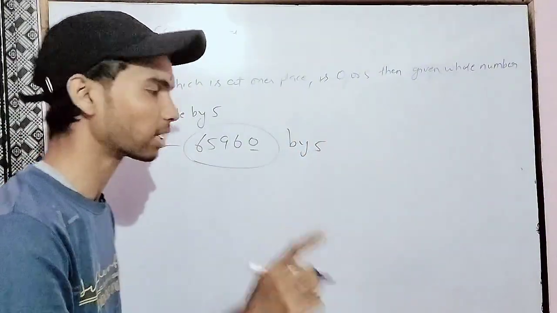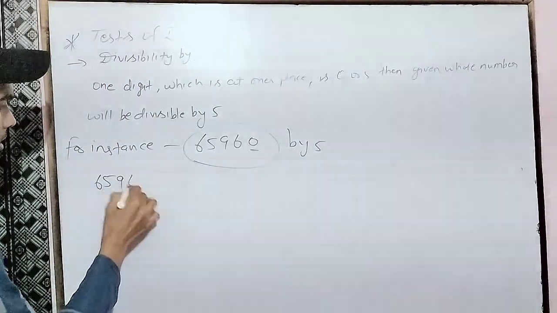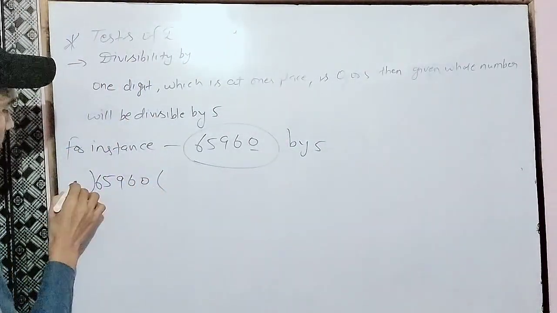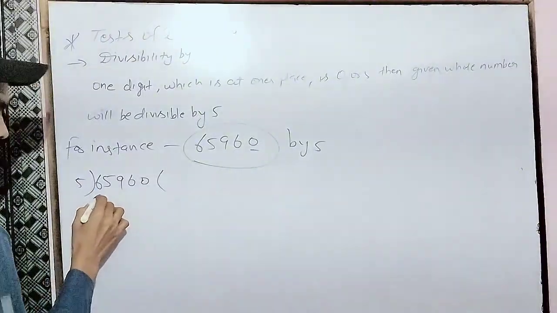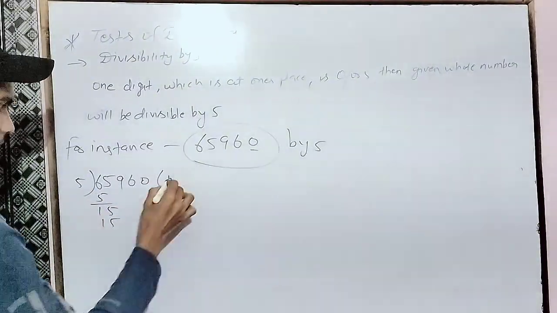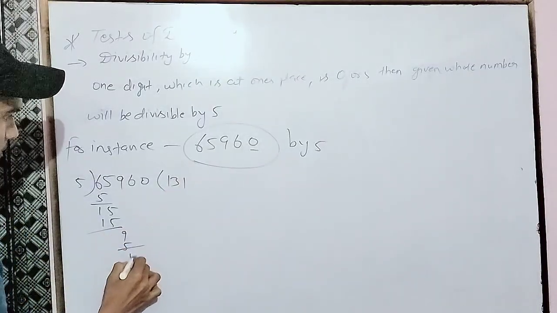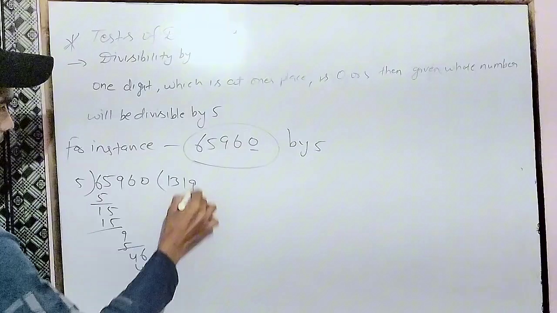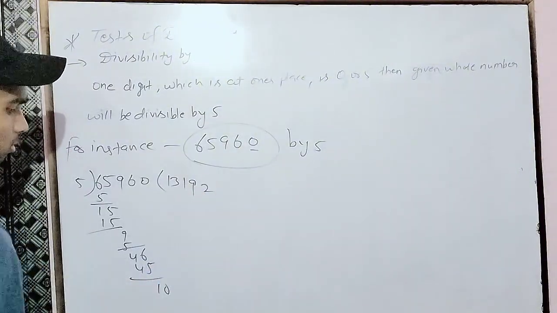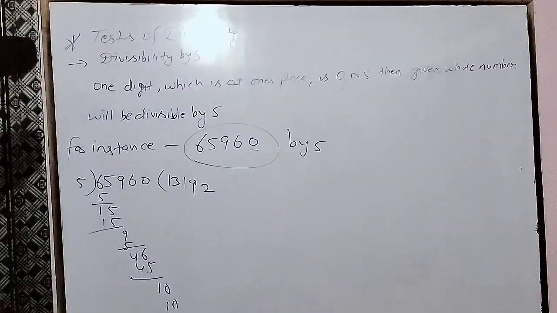Even we can check for certification. 5 1 4 6 9 1 0 2. Yeah, this is completely divisible by 5.